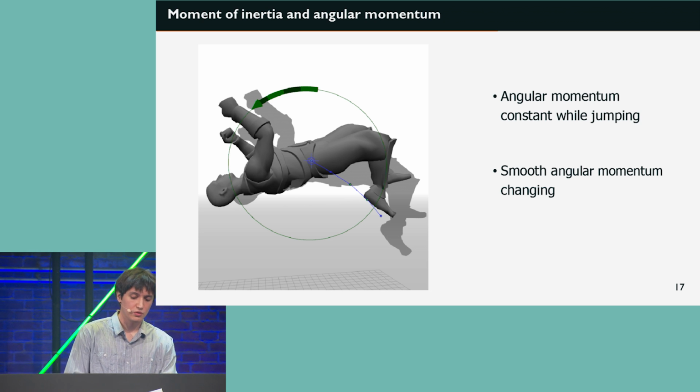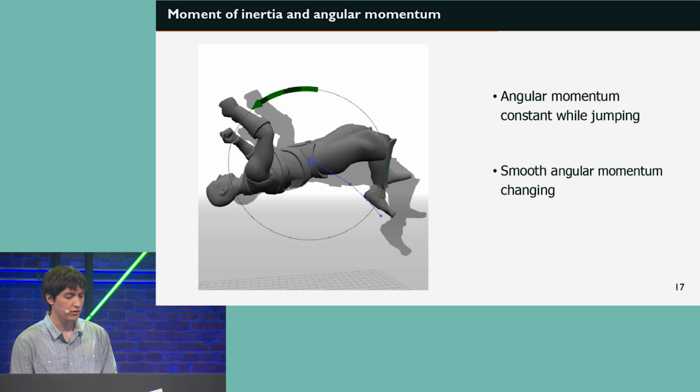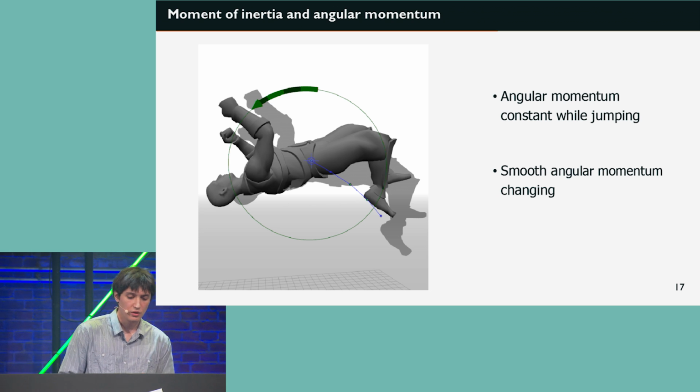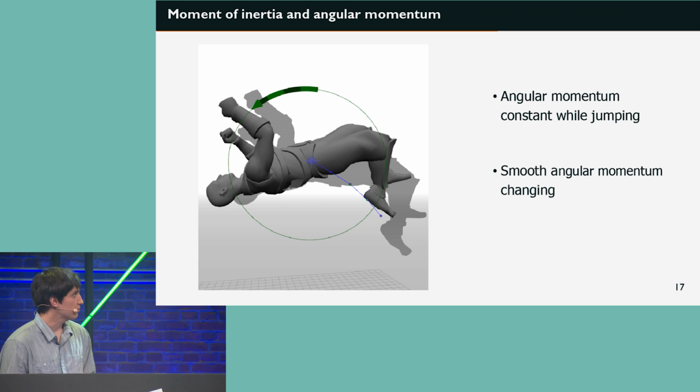We provided some visualization for it. You can see here the arrow. Its length is the size of angular momentum, and the radius is the size of moment of inertia.